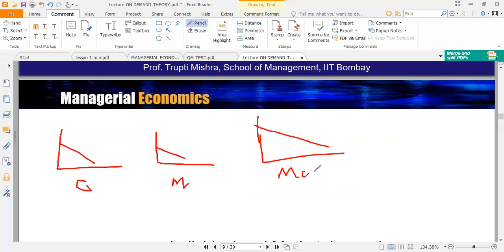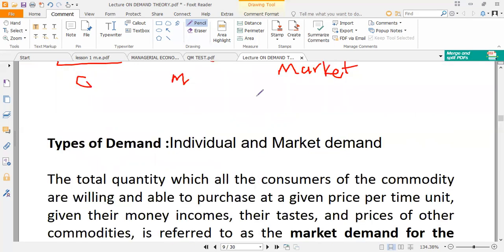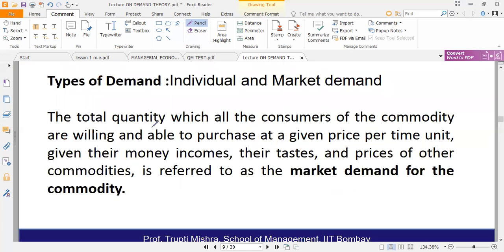So the market demand simply is derived from the individual demand that each individual has. So the types of demand are individual and market. The total quantity which all the consumers of the commodity are both willing and able to purchase at a given time, given their constraints such as income, taste, price of other goods, is referred to as what? The market demand for the commodity.